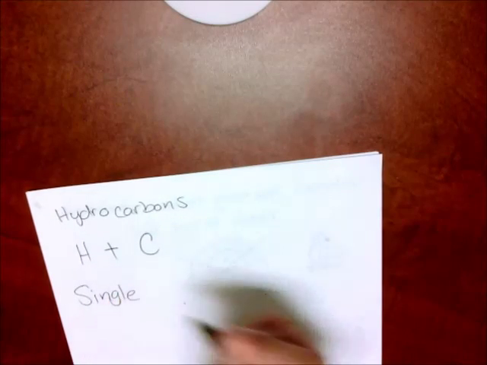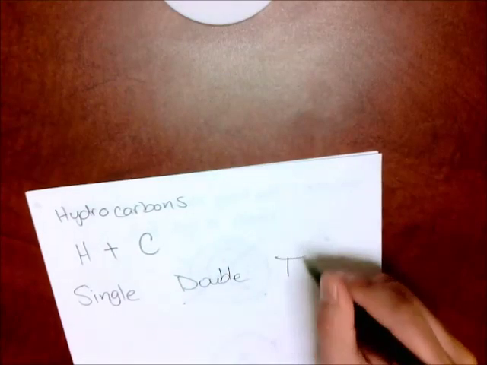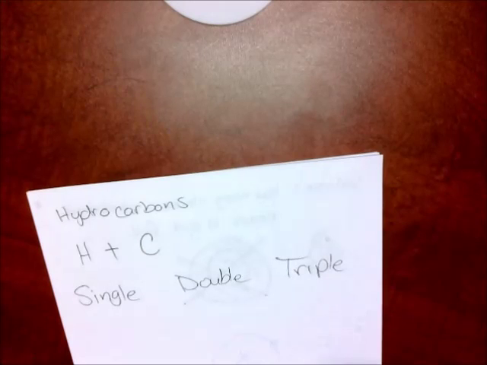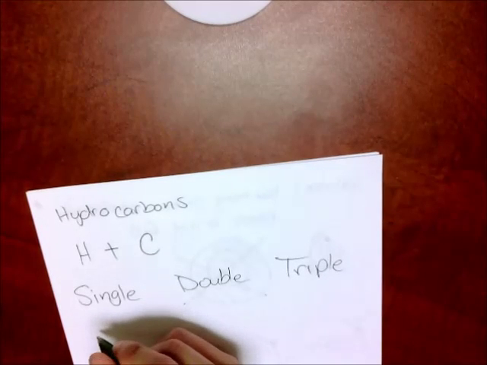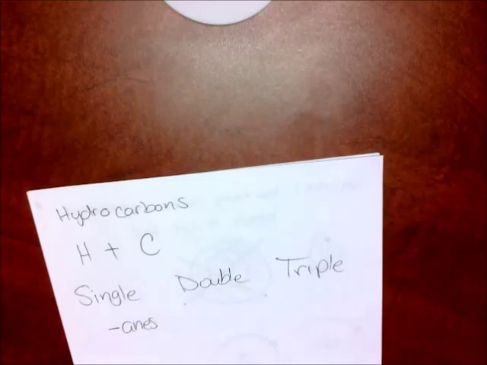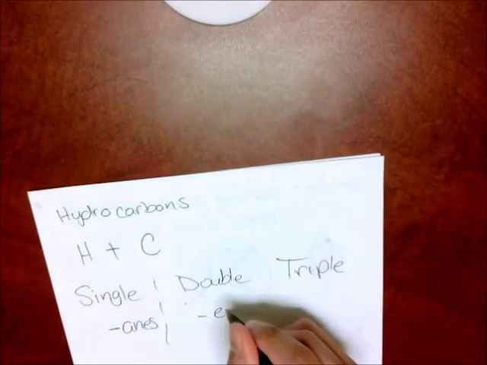So if you have single bonds, double bonds, and triple bonds, whatever it is that you're making, these hydrocarbons are going to have different names. They're going to end with this. Single bonds are always going to end in ANE. Double bonds are always going to end in ENE.